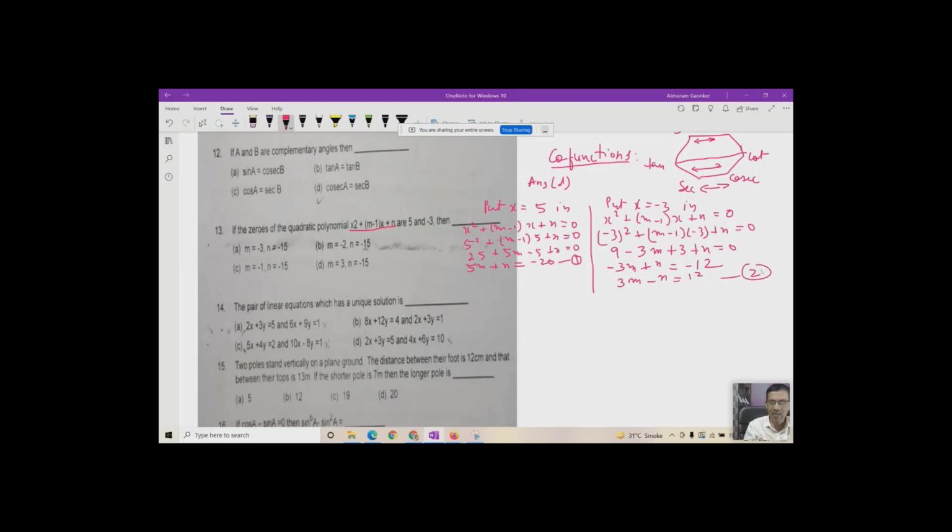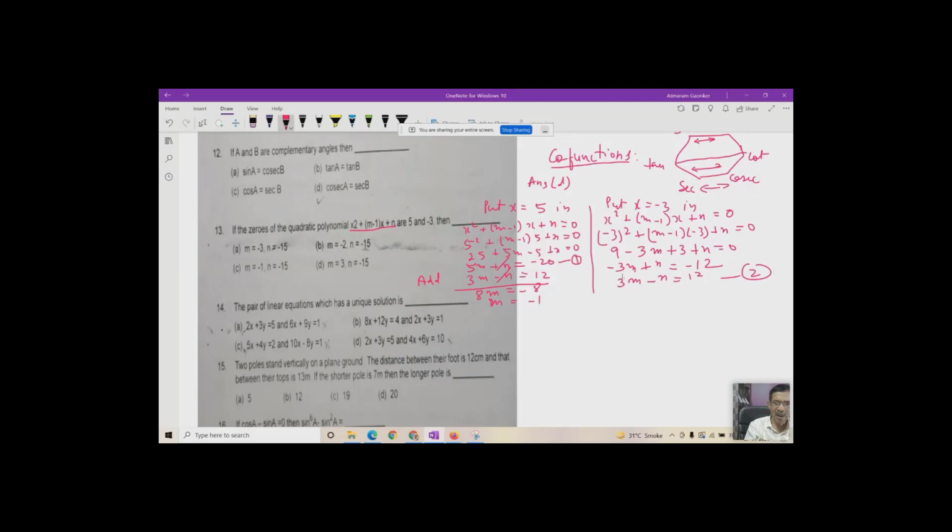Let this be equation 2, and you can solve these as simultaneous equations. I write the same equation, 3m minus n equal to 12, and you can add these two. The plus n and minus n will get cancelled. This will be 8m equals minus 8, or m is equal to minus 1.